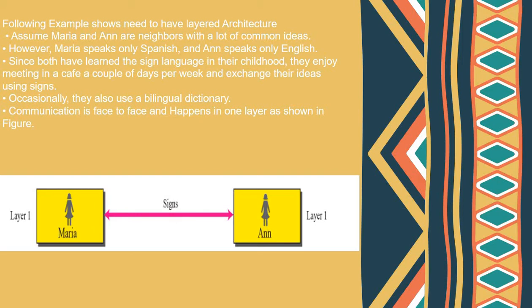But still they communicate with each other very nicely with the help of sign language, because both learned sign language in their childhood, and they enjoy meeting in a cafe and exchanging their ideas by using sign language. So the communication is face to face and happens in one layer, as you can see in this particular figure.